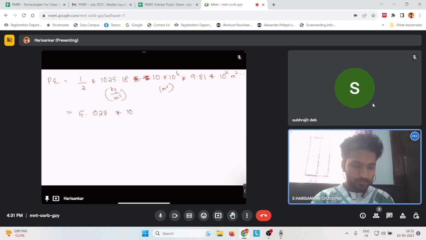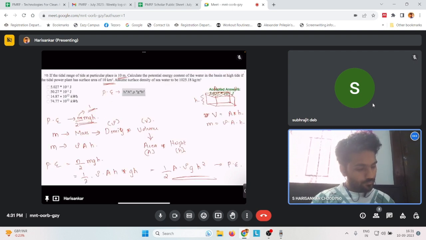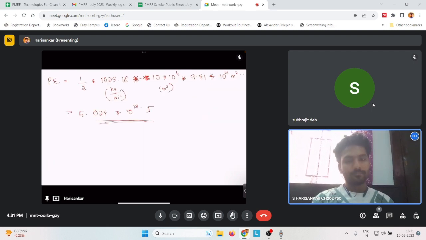So we'll get something like 5.028 into 10 raised to 12 joules.